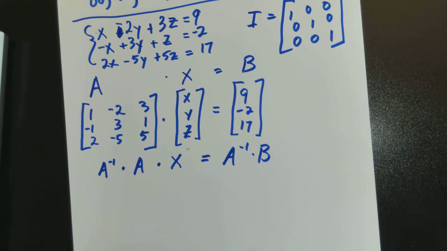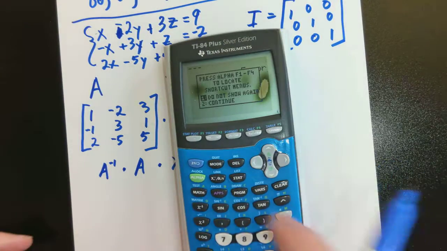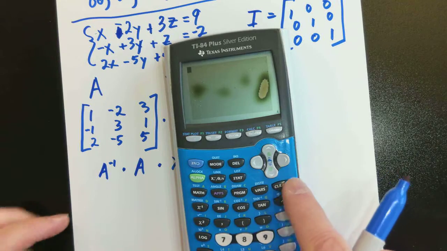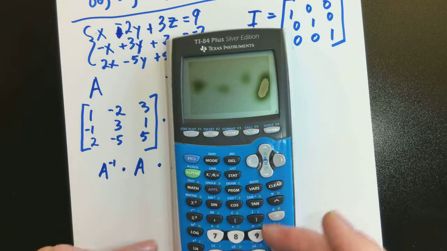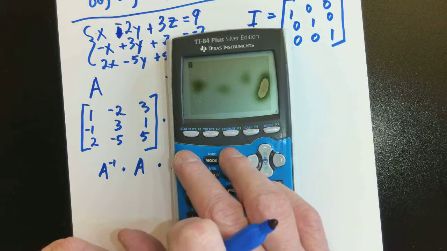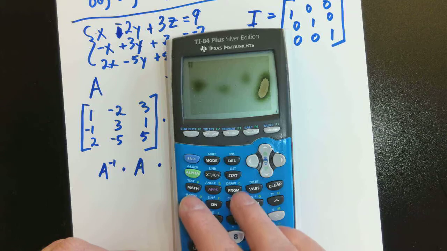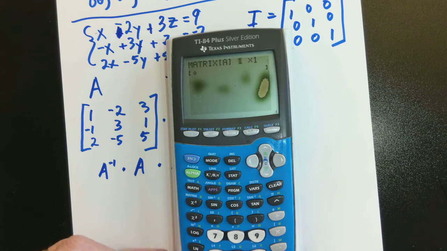So, in order to do that, now here's where we get into the calculator. Okay, I'm going to go into second, matrix. Second matrix. And I'm going to edit matrix A so that it's this matrix right here. And this matrix is a 3 by 3.